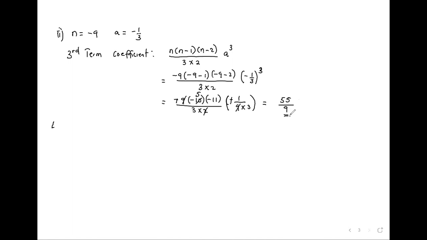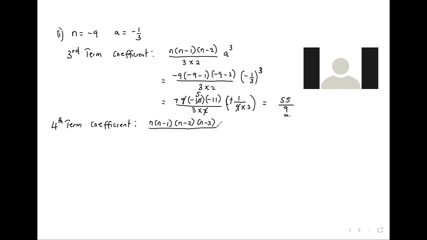Then the fourth term coefficient: we have n minus 1, n minus 2, n minus 3 over 4 by 3 by 2, a to the power 4.